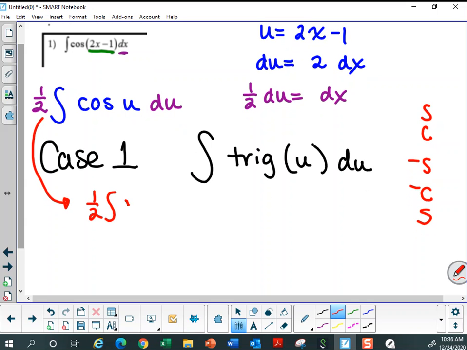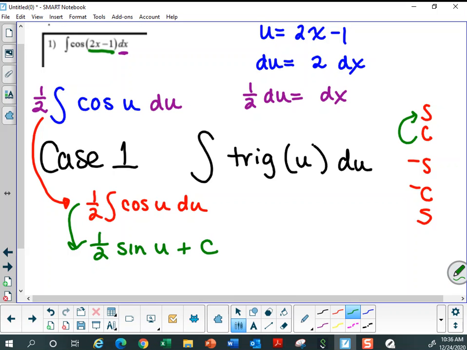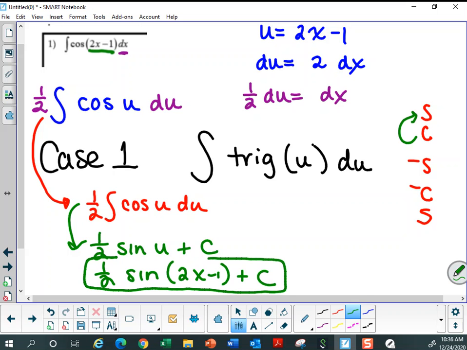So when I have 1/2 cosine u du, and I take the antiderivative of cosine is sine, so this would be 1/2 sine u plus c. And then almost done, 1/2 sine, and we go from u back to x, and here's this.